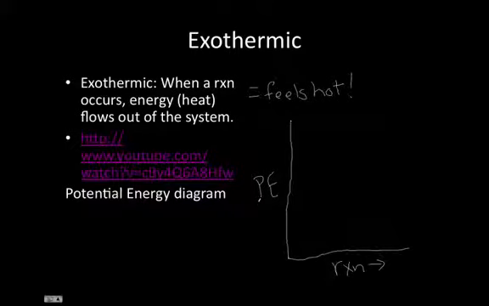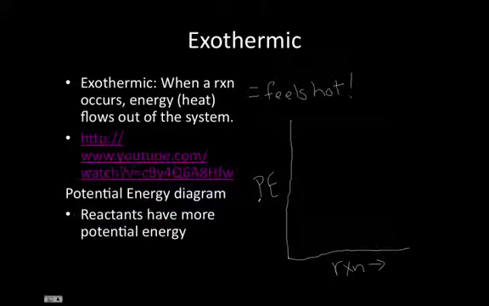So we're going to start off with the reactants up high, and energy is released to form the products. So it's going to go up a little bit and then go down to form the products.